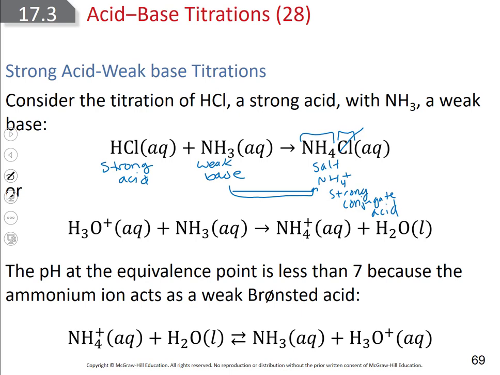So ammonium acts as an acid because when it reacts with water, you have an equilibrium that produces ammonia and hydronium. So it acts as an acid. It donates a proton to the water, H2O, making water H2O into H3O.